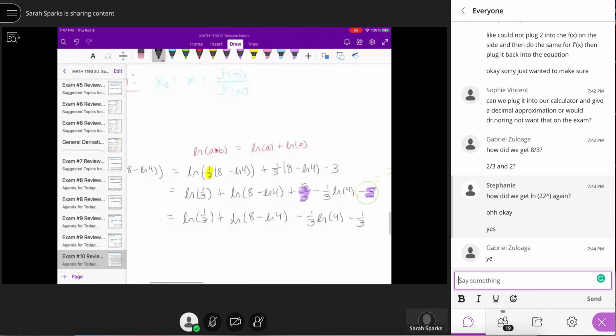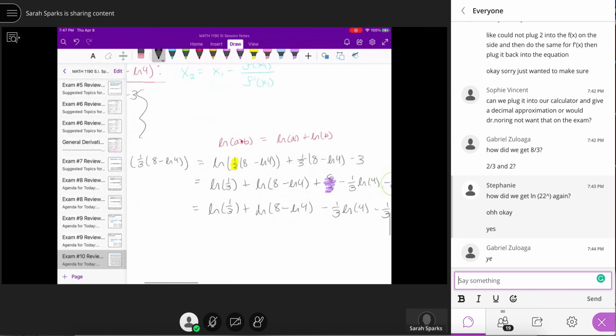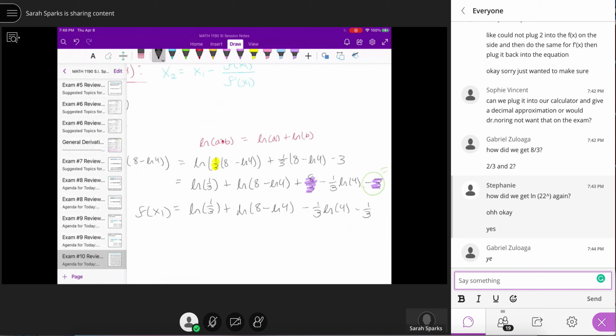And so this is our f of x1 right there. It's not very pretty, but it's what we got. Let me just double check myself to make sure. Yeah, it's the same thing I got initially.